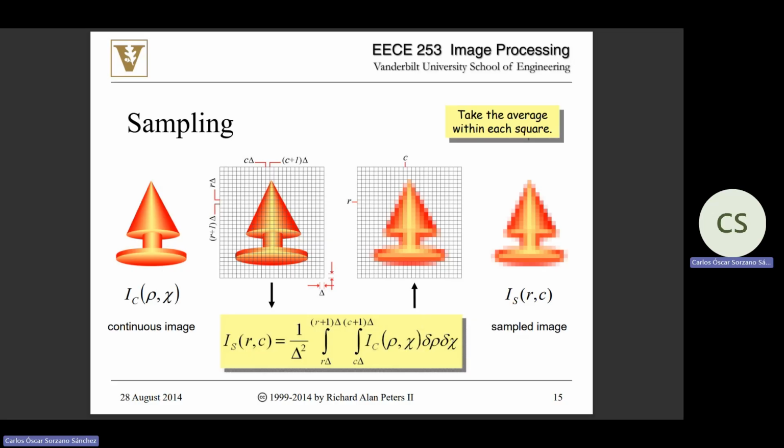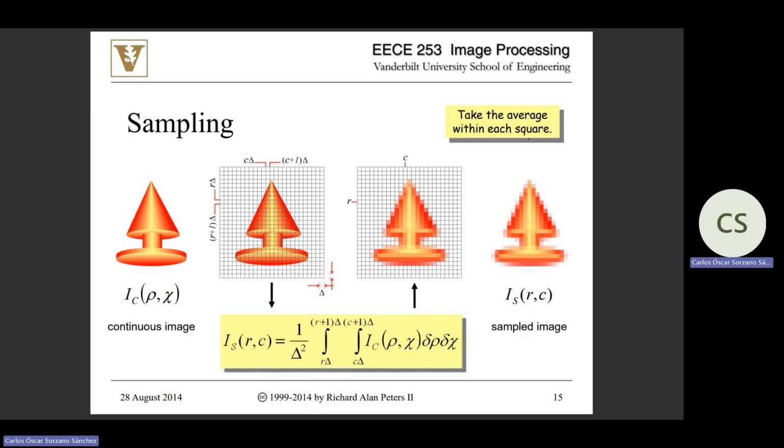So this could be a vector, and then what it says is that for the continuous image, you go for some range, and this range is, for instance, here we are showing this pixel. So you go from r times delta to r plus 1 times delta. Delta is the pixel size, and so it is the sampling step.